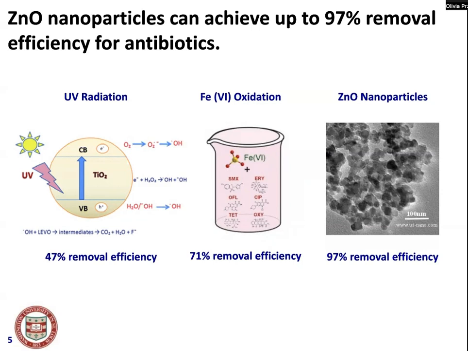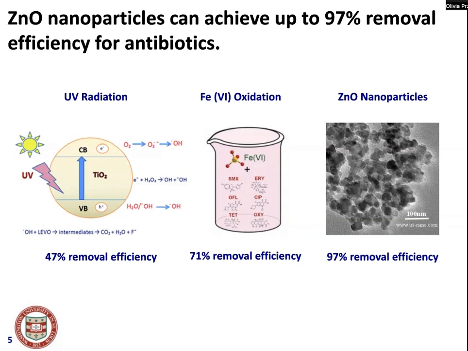In short, UV radiation has a relatively low but inexpensive 47% removal efficiency of antibiotics. Iron-6 oxidation has a better but very costly removal efficiency of 71%, and zinc oxide nanoparticles have a whopping 97% removal efficiency for a similar cost to UV radiation.